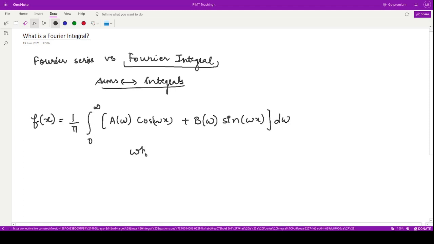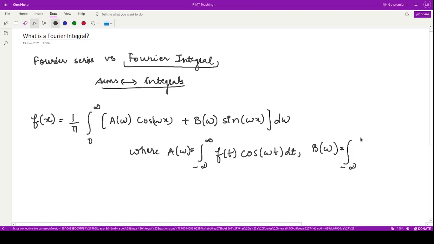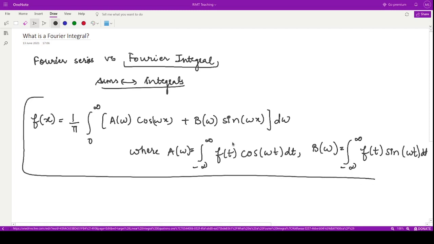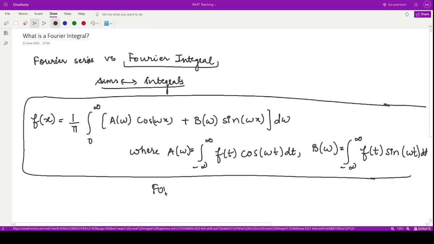Where a omega is equal to the integration from minus infinity to infinity of f of t cos omega t dt, and b omega is equal to the integration from minus infinity to infinity of f of t sine omega t dt. So this is your Fourier integral representation.